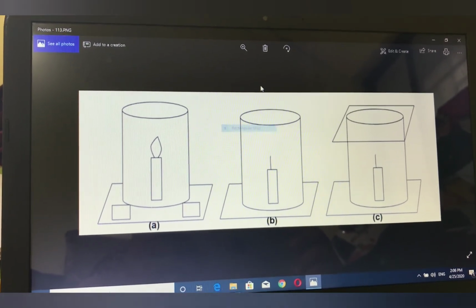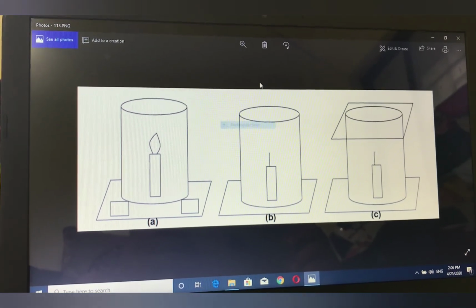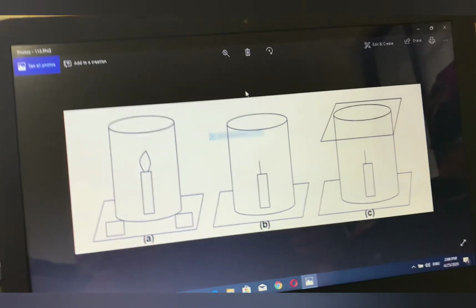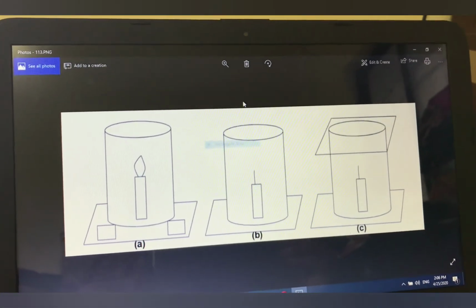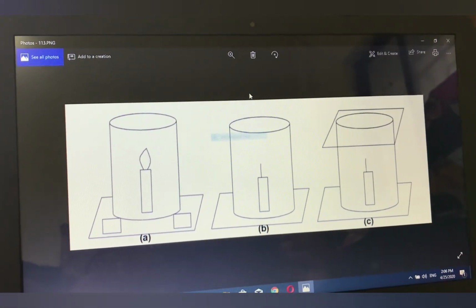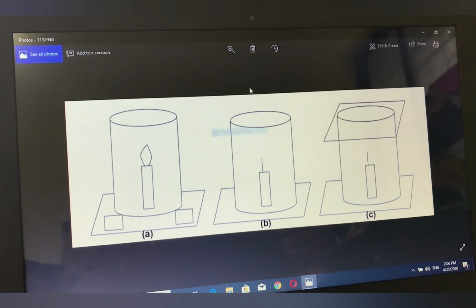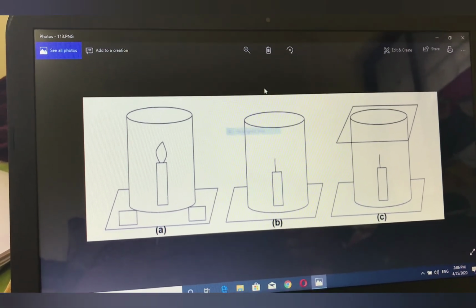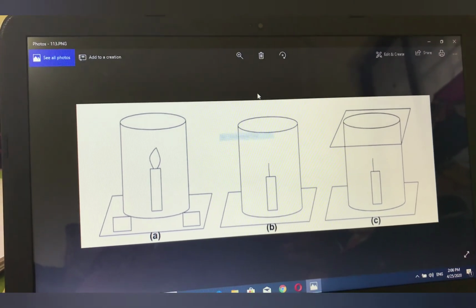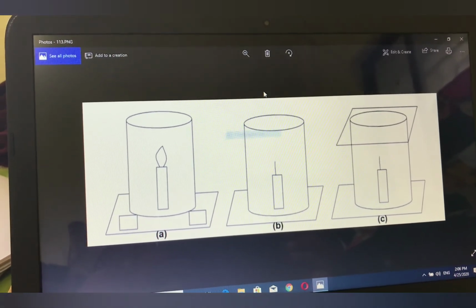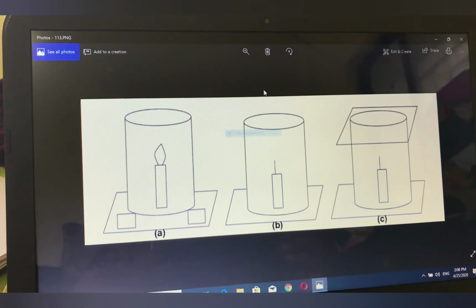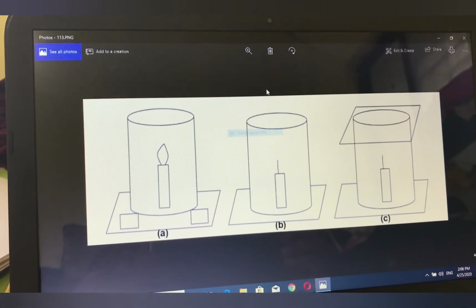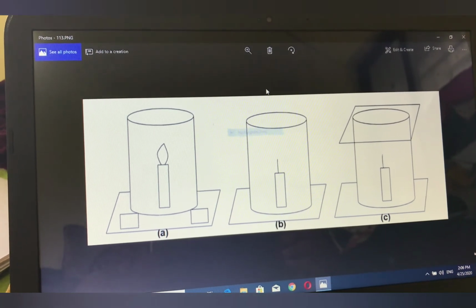But after 1 or 2 minutes you can see that in the third one, where the tumbler is covered with a glass or metal, it ceases to burn. That means it no longer gives any flame. What happened here? It couldn't get the oxygen as it is covered with the lid.